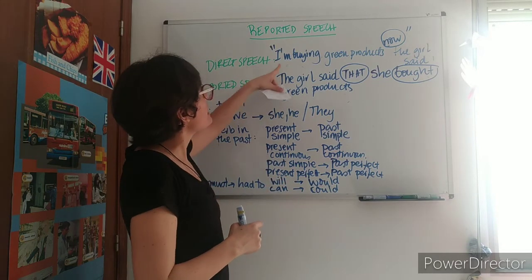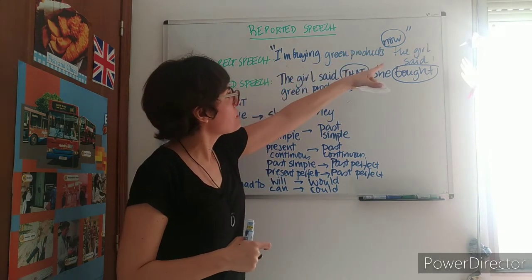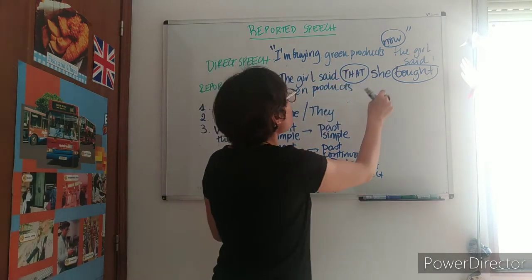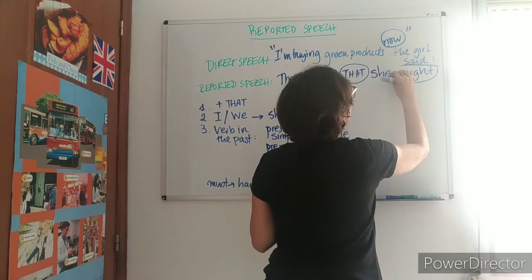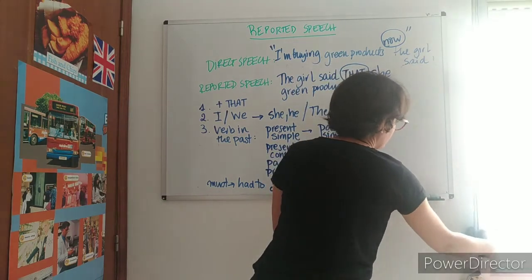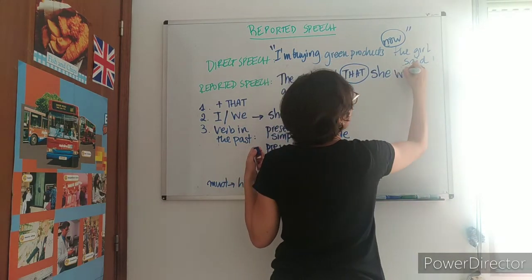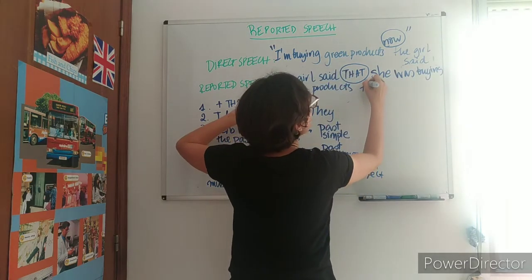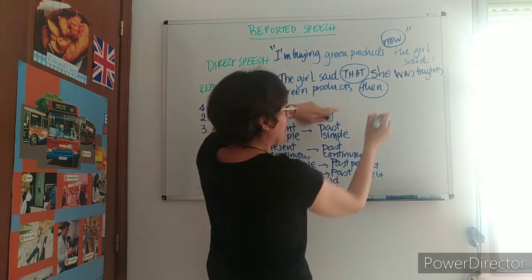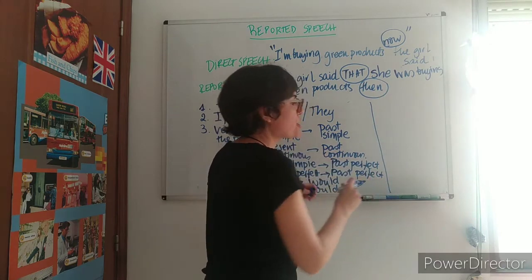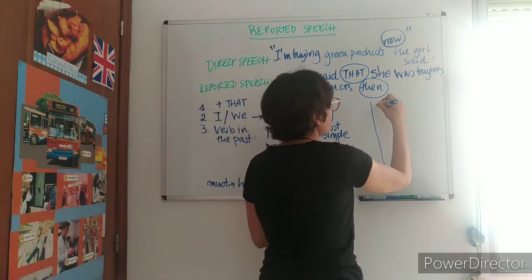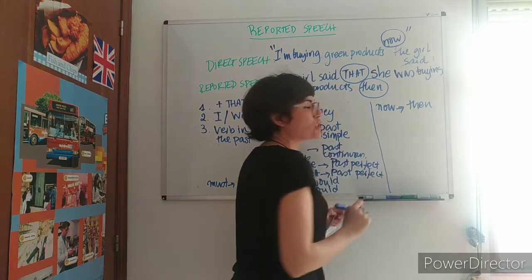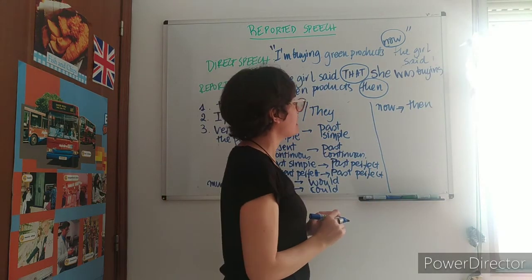So for example, instead of I'm buying green products now, the girl said that she was buying green products then. So if there are time expressions, if there is now, we turn it into then.